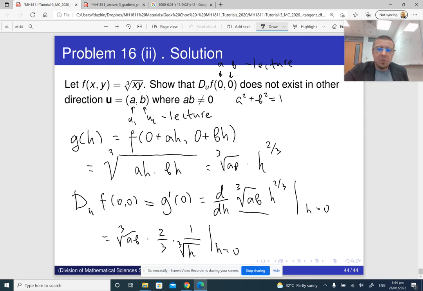But if you let h be 0, then you will have a division by 0, which is essentially infinity. When you get infinity, essentially you just say that the derivative does not exist, which is why it doesn't exist. Okay, so that's all, and that was the last question of the tutorial, so I hope it helped.